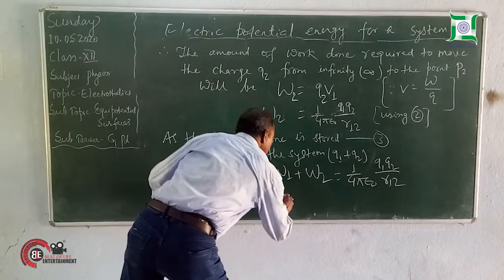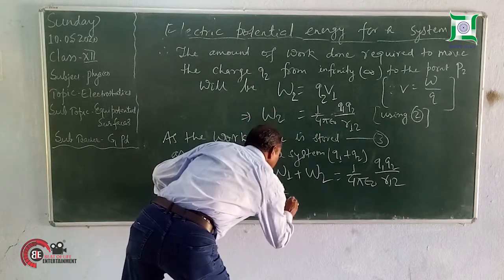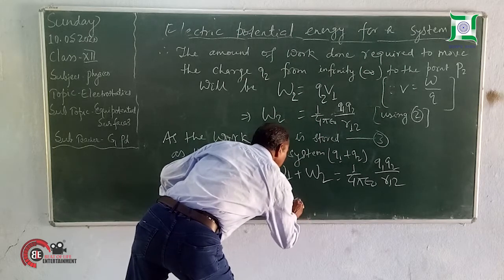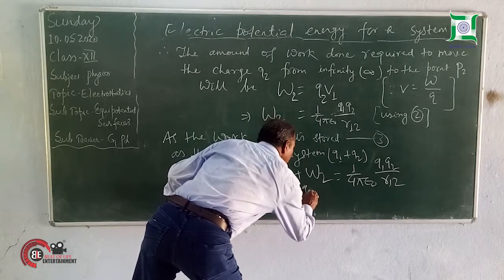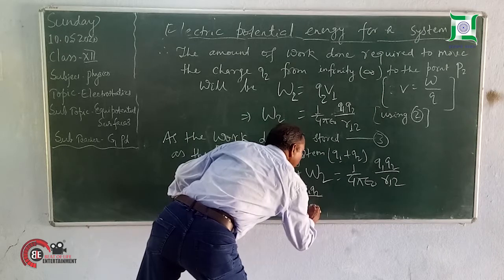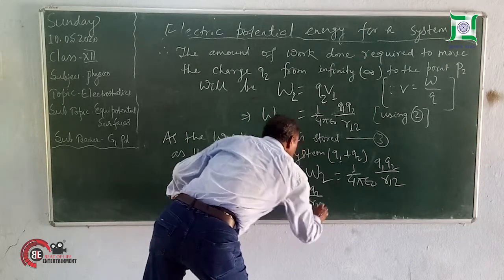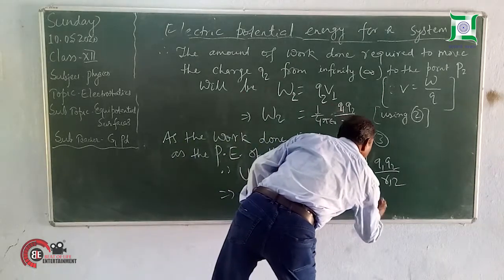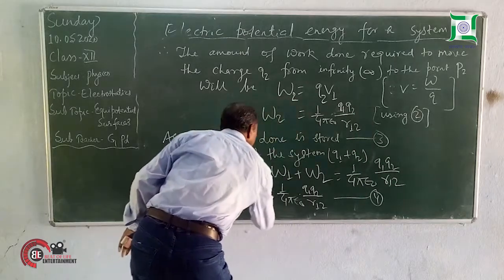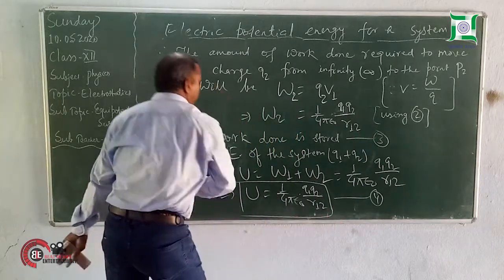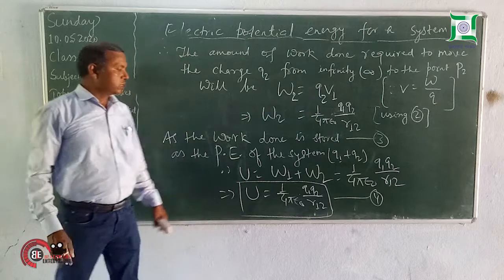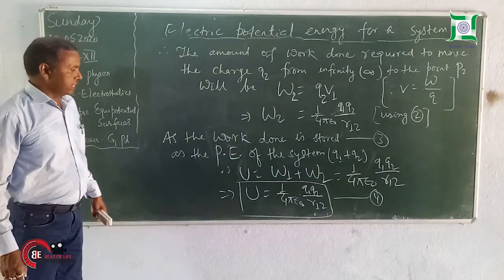Electric potential energy is equal to 1 by 4 pi epsilon naught into Q1 Q2 by r12. So this represents the required expression of electric potential energy for the system of 2 point charges.